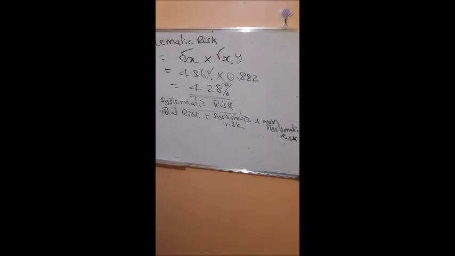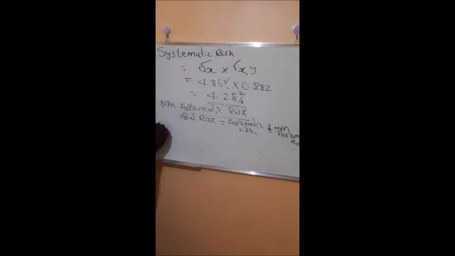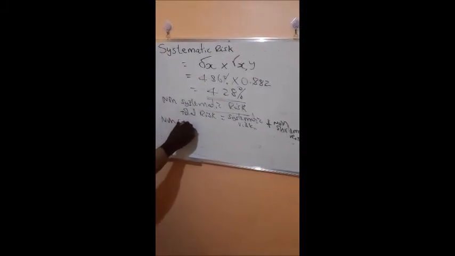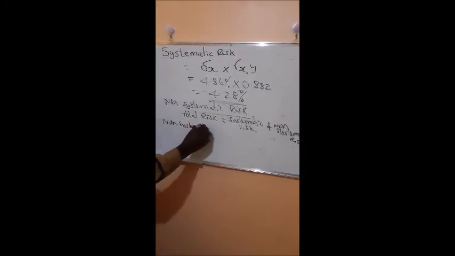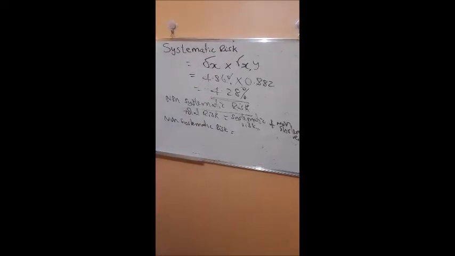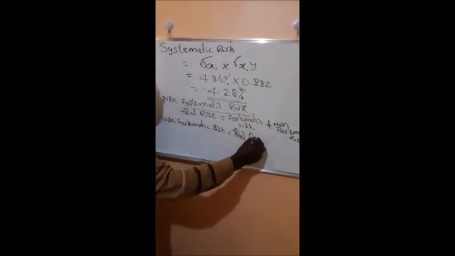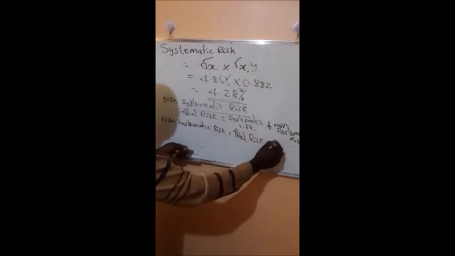So if you make non-systematic the subject of the formula, it is total risk minus systematic risk.